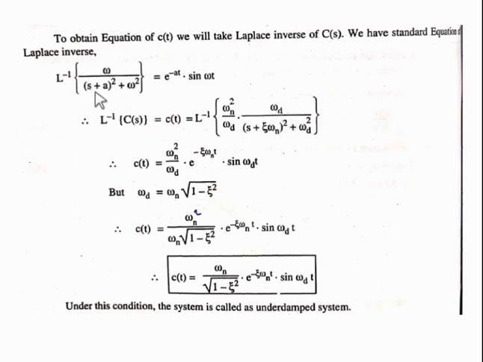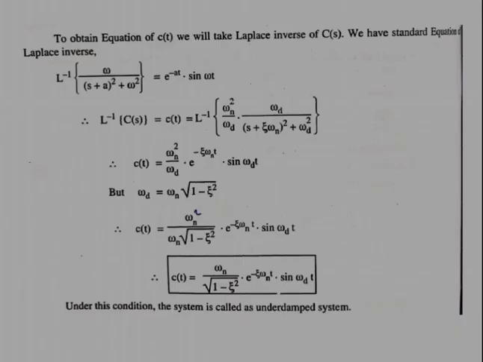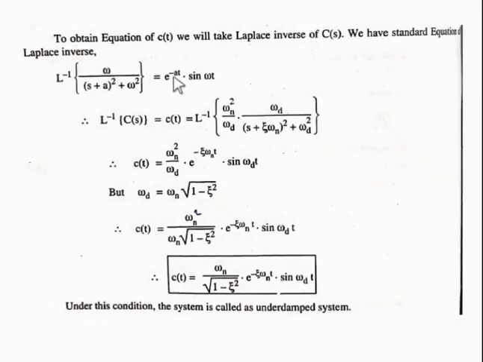So in these equations, a equals zeta omega n, so e raised to minus at is e raised to minus zeta omega n t, and sine omega t, where omega is omega d, and omega d equals omega n under root 1 minus zeta square, as assumed in previous sections.